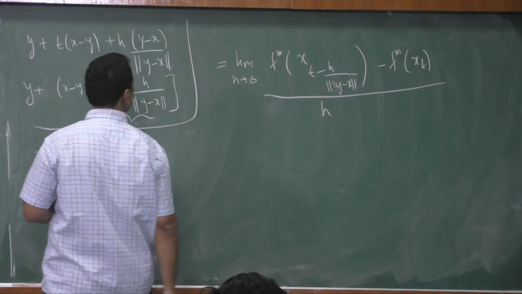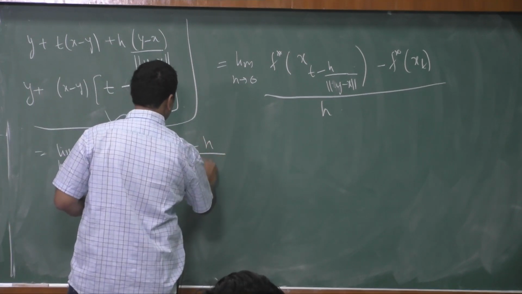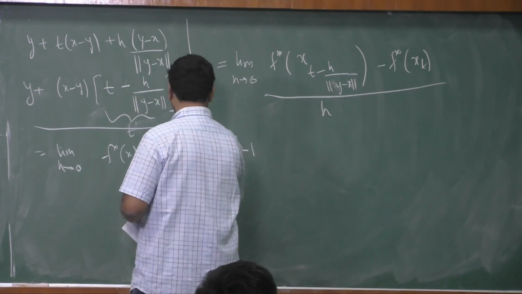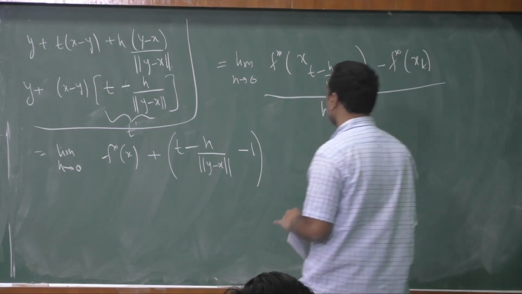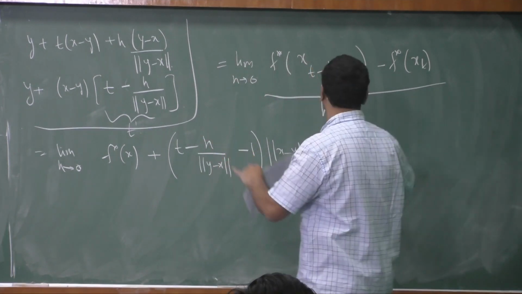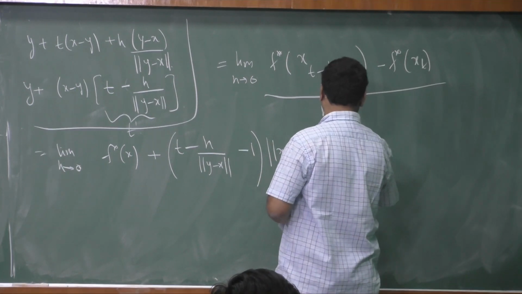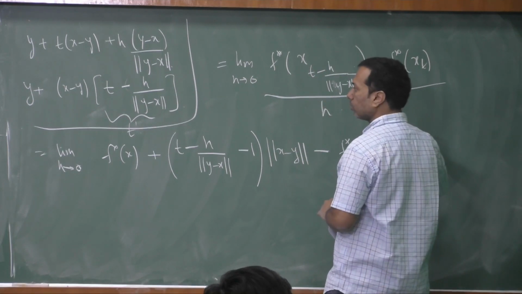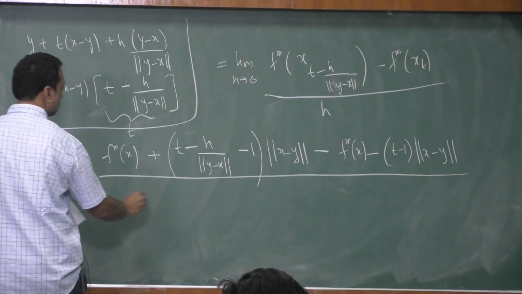In our case, t is t minus h by norm y minus x. That's our t, and this is like minus 1 again in our corrected form. And then we have norm of x minus y, and then minus f star xt. This term is as it is. So this is minus f star x minus of t minus 1 times the norm of x minus y, and the whole thing divided by h.